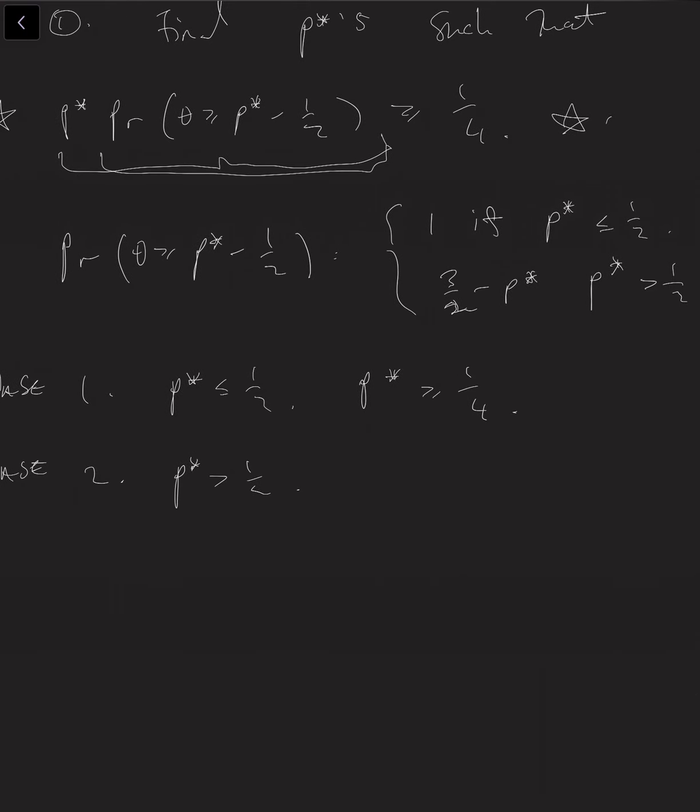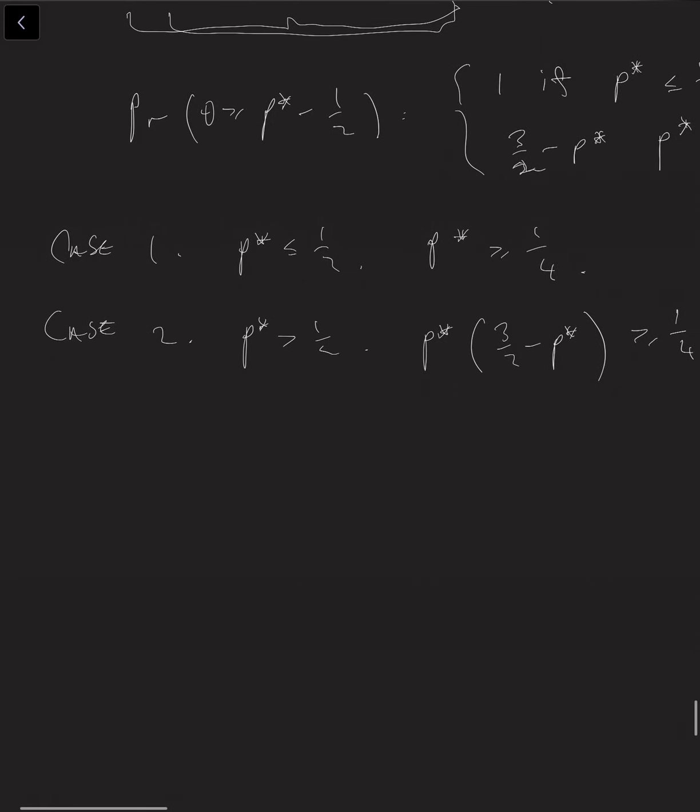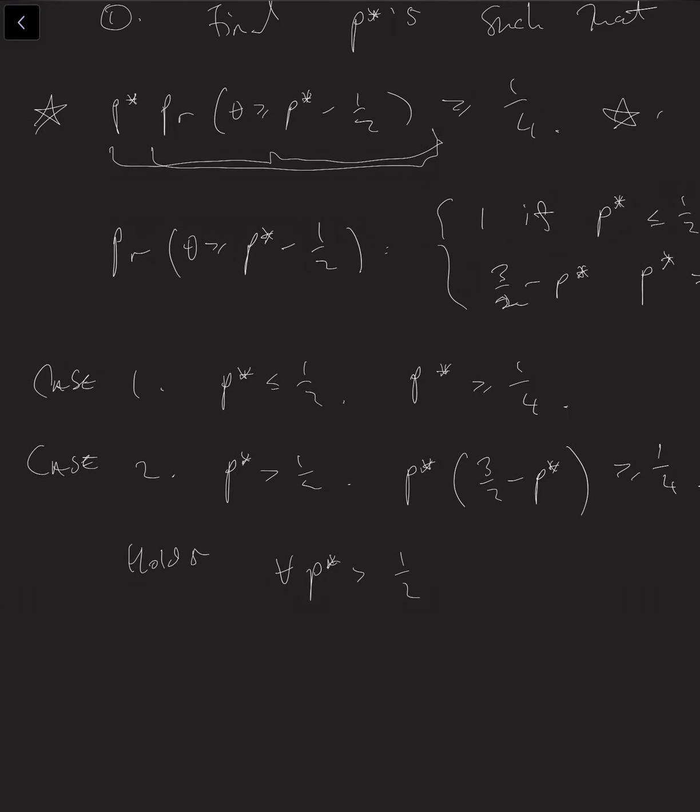In this case we want this to be greater than or equal to 1 over 4. But now if we look at this carefully, and we can graph it also if you want, we'll find that actually this holds for all P star greater than half. So actually in this case we don't have any constraints on P star, and so the only constraint on P star we are getting is that found in case 1.